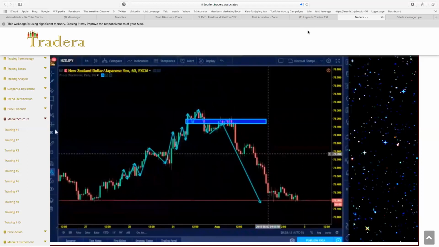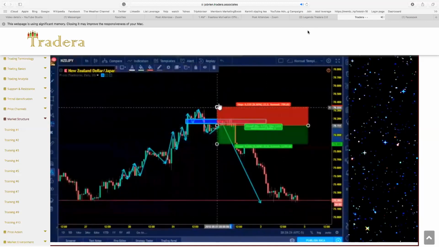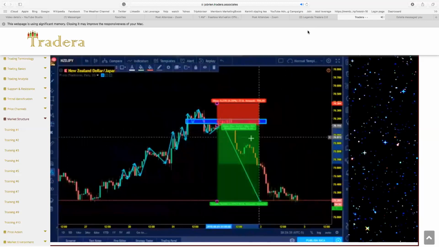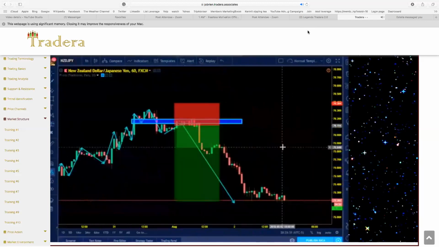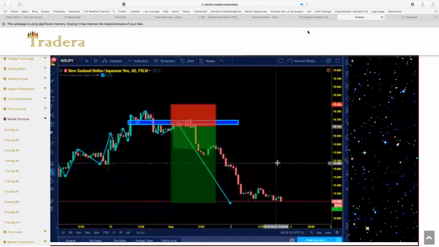I sold every single yen pair last night. What was I aiming for? Recent lows. Was my target hit? Yes, it was hit. Was there any reason on the way down that I should have exited my trade before my target was hit based on market structure? No, not at all.